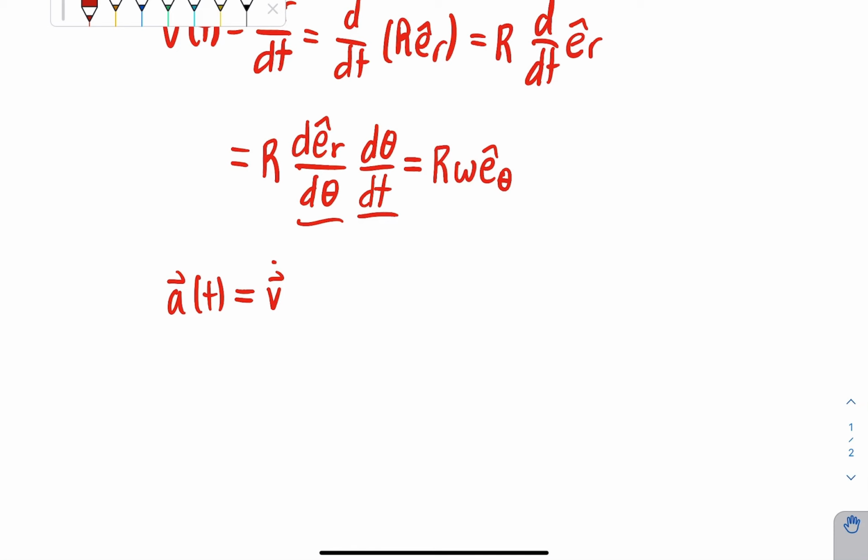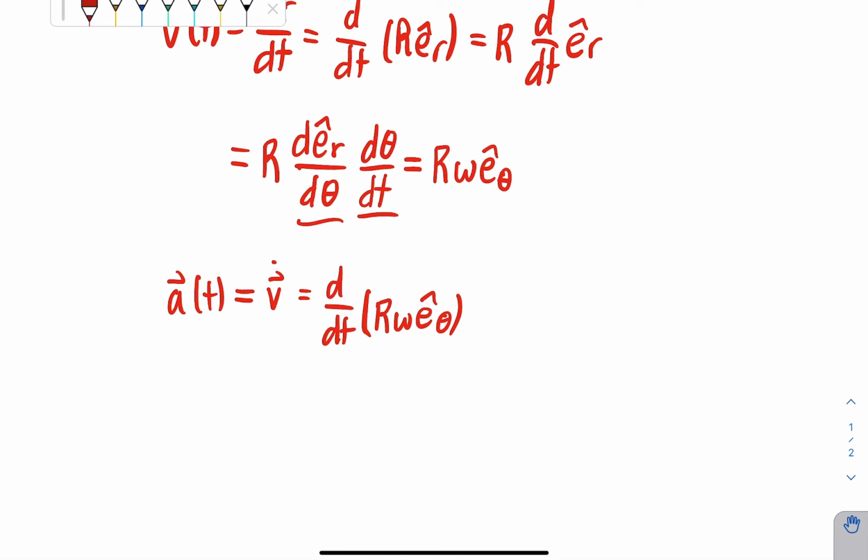Now, what are we going to do here? We are going to take d by dt of r omega e sub theta hat.